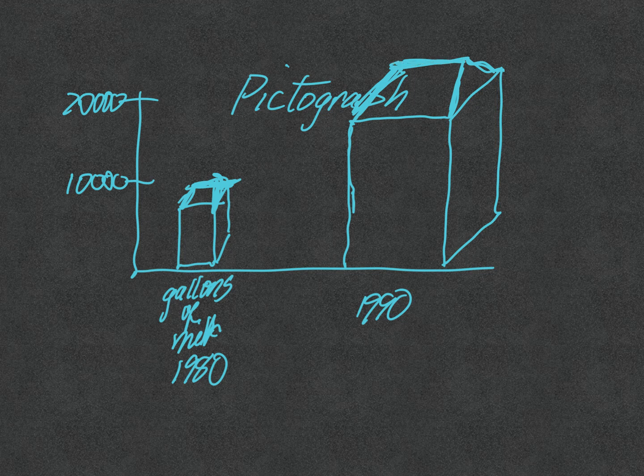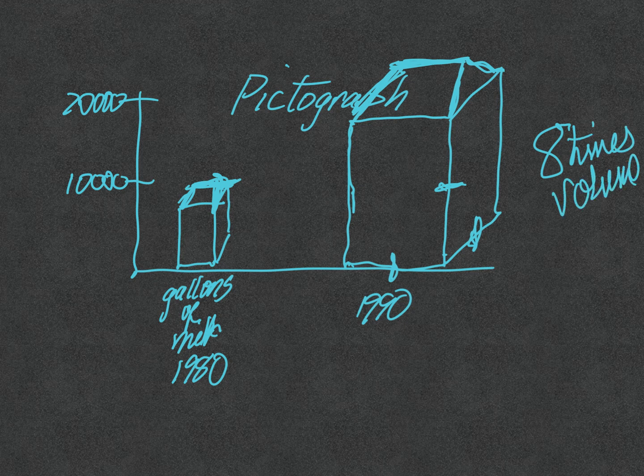All right. The problem is when I double the dimensions, I've only made this twice as big, this twice as big, and this twice as big. But what I've done is I've actually doubled them in 3 dimensions. And if you double in 3 dimensions, you actually make it 8 times more volume. And so even though the volume of my milk was only twice as big, my pictograph makes it look like I improved 8 times. All right?